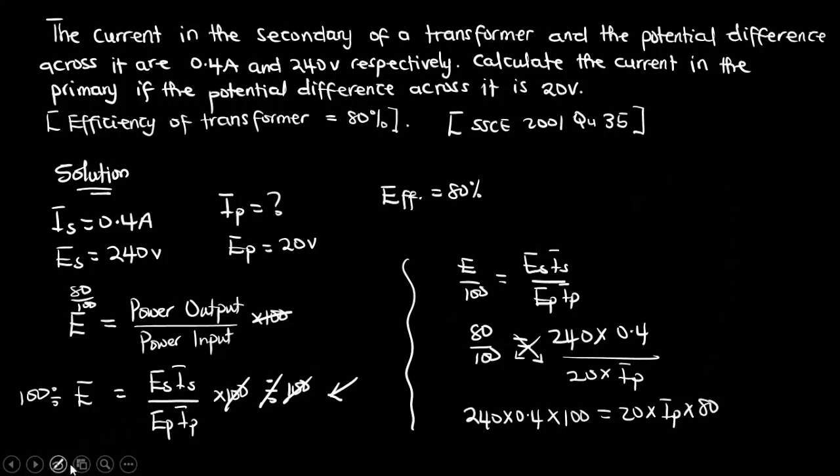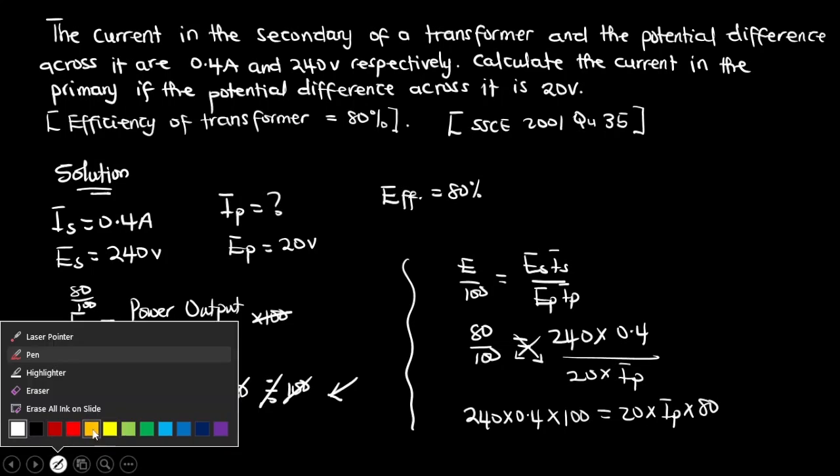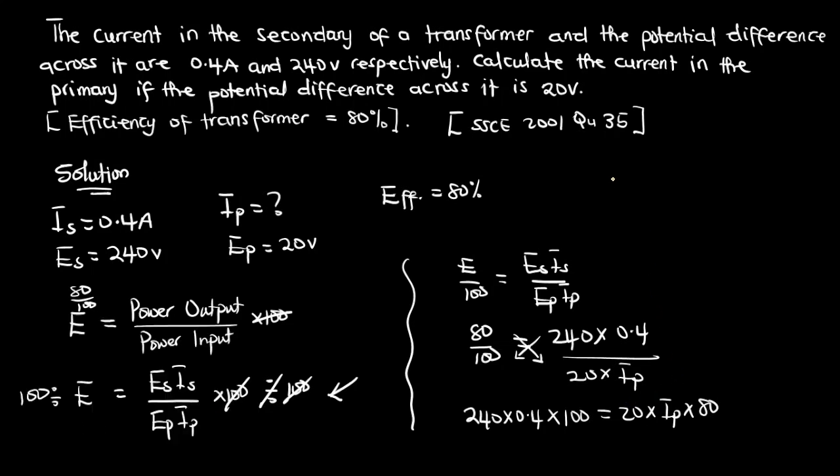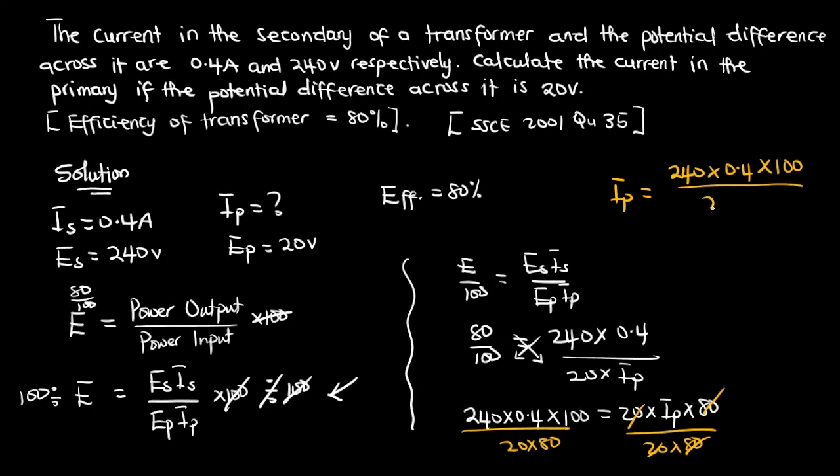To find my IP, it will be equal to all of this divided by 20 multiplied by 80. So my IP is equal to 240 multiplied by 0.4 multiplied by 100, divided by 20 multiplied by 80.